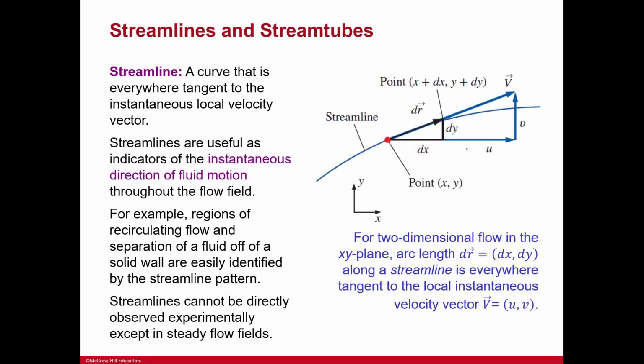And so here we've talked about the streamline. This is the curve that is everywhere tangent to the instantaneous local velocity. So an important one is that it's instantaneous. It's the only one that's instantaneous. Okay. And so here you can see the streamline here in the middle, and this can be calculated mathematically.